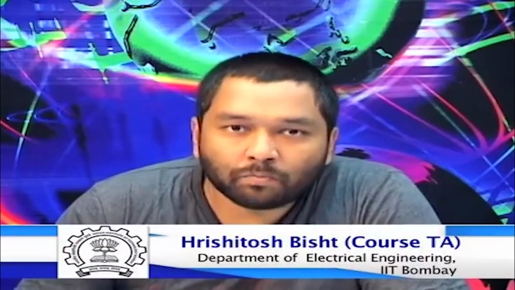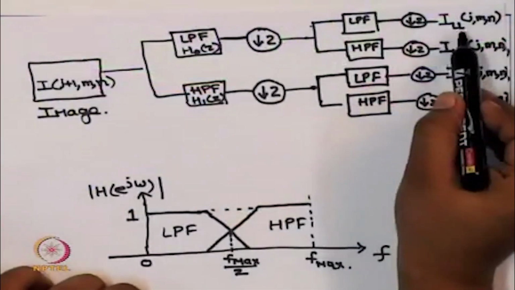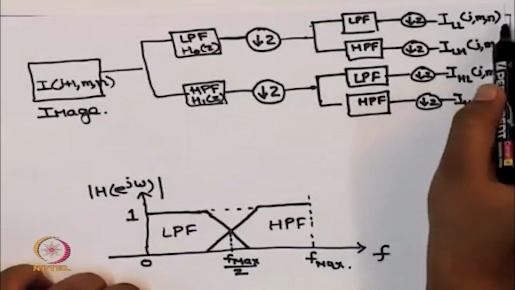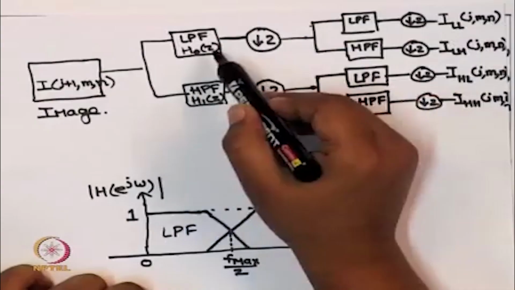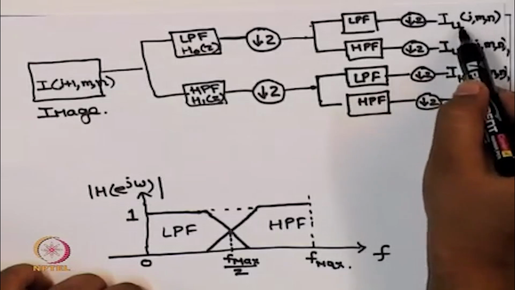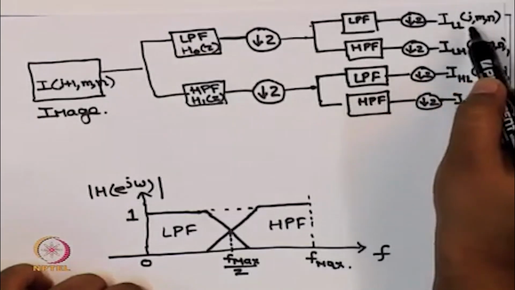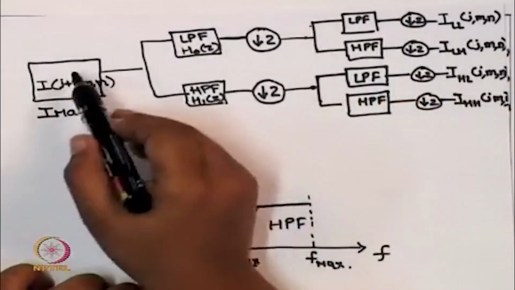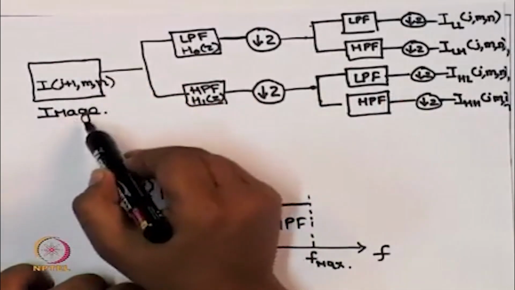We know that high pass filters extract the edges and low pass filters do the approximation. So if we look at the output I_LL_j(m, n), it has passed through two low pass filters. So this output I_LL will give an approximation to the input image that we have taken.